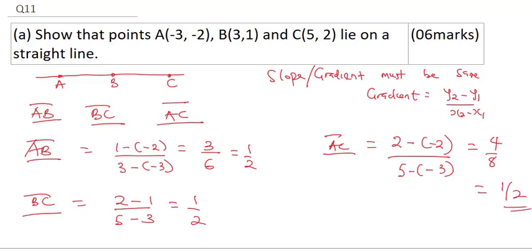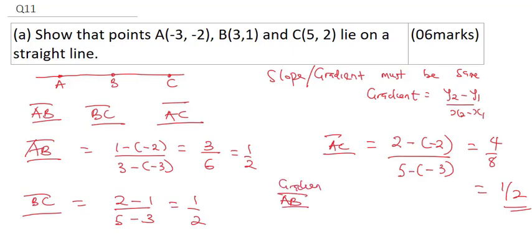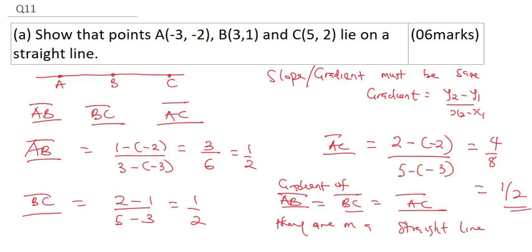Now, you can see that the gradient of line AB is equal to line BC is equal to line AC. Therefore, they are on a straight line, and as easy as that, you are going to get all the 6 marks for this question.